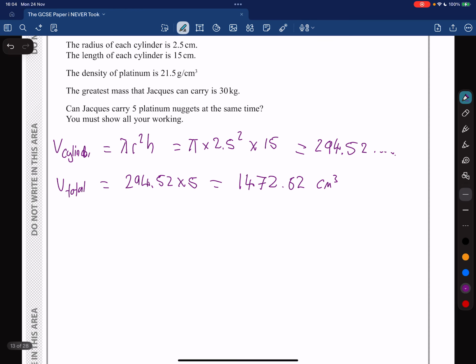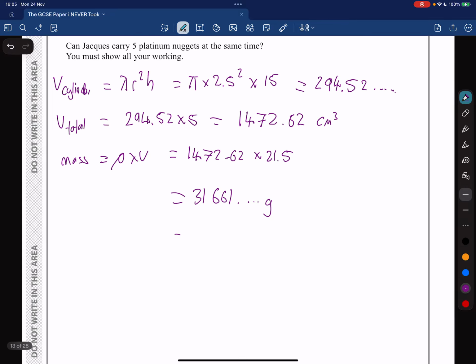And then we're going to say the mass is equal to density, that's the symbol for density, times volume, which is equal to 1472.62 times 21.5, which is equal to 31,661.2 grams.